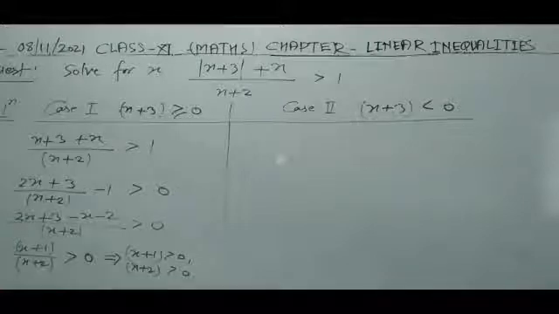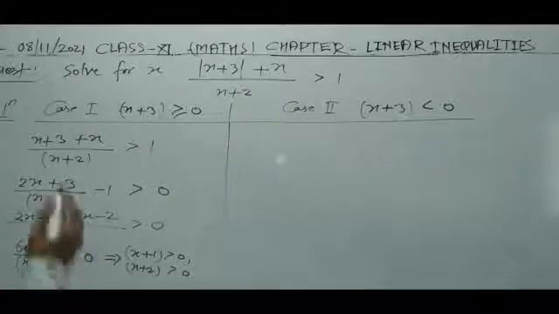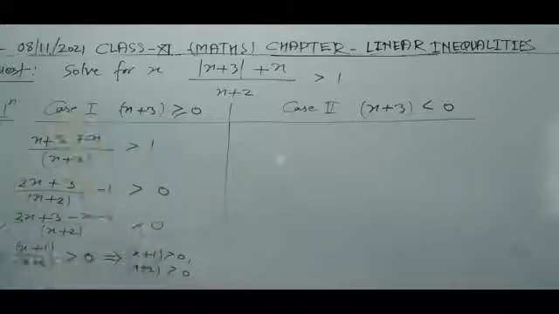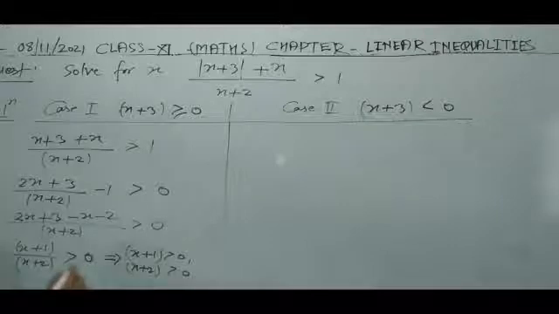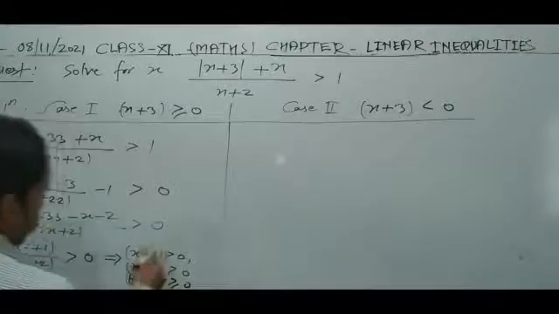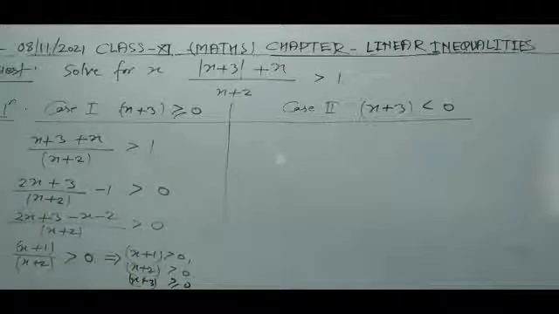And you know x is greater than or equal to minus 3 from the expression x + 3 greater than or equal to 0. Solving all these three inequalities, we get x greater than minus 1, x greater than minus 2 and x greater than minus 3. In this case, what will be the common part?